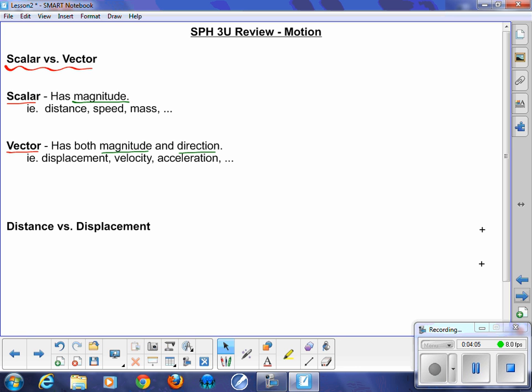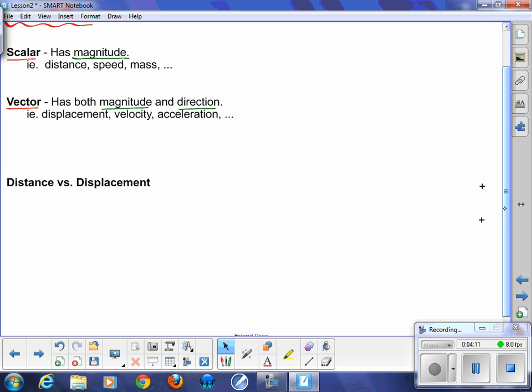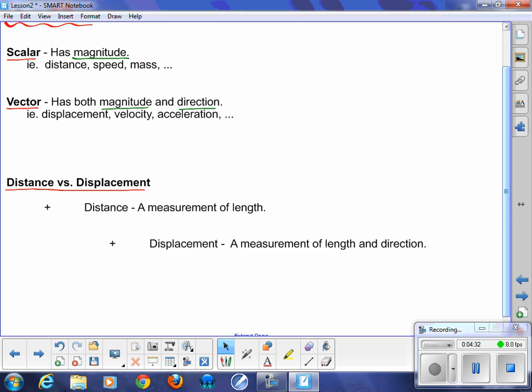So let's talk about some of the common vectors and scalars we're going to be dealing with in this course for this unit. The first one, we're going to be talking about distance and displacement. Very important that you differentiate between the two, or can explain the difference. So for example, distance is a measure of length, so kilometers, meters, miles, depending on where you're planning on working in the future, whereas displacement is a measurement of length and direction.